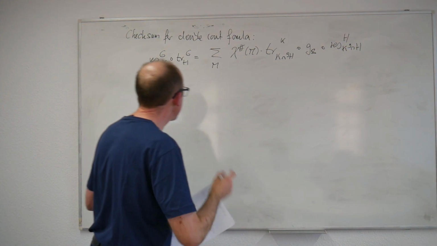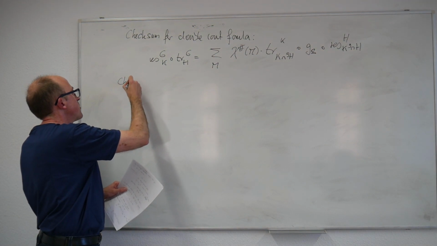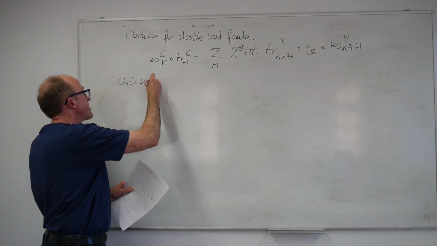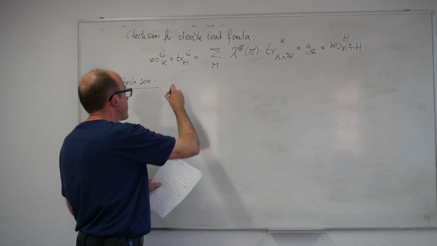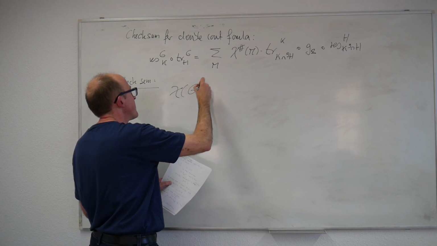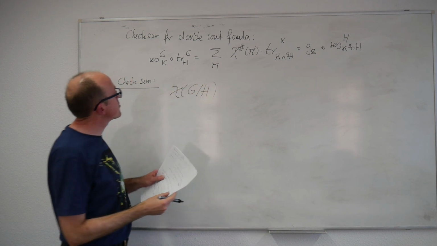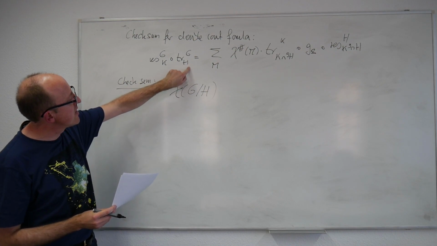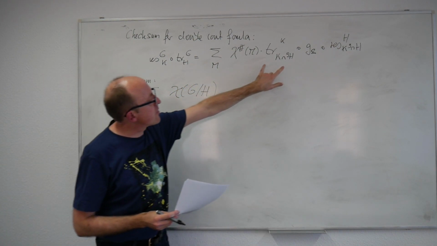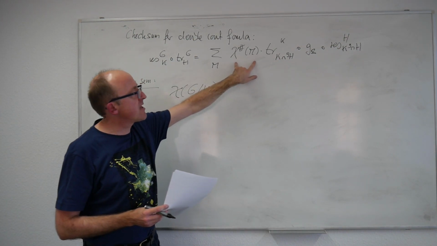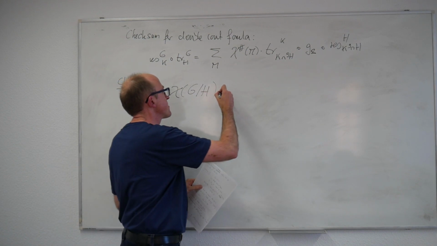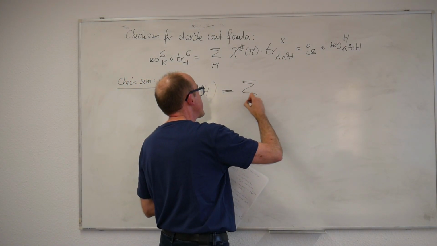So the following formula also always holds, and I'll call this the checksum. The Euler characteristic of g mod h, which is the contribution that comes from this transfer, has to sum up to all the contributions from the same transfers here multiplied by the respective coefficients. So this has to come out as the sum over m.